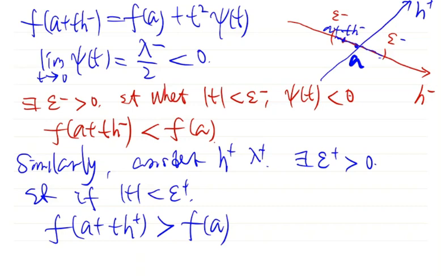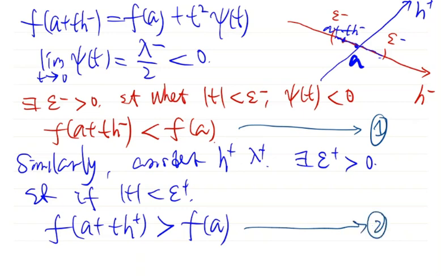These two inequalities, 1 and 2, tell us that any small neighborhood of A contains some points, those points passing A in the direction of h minus.